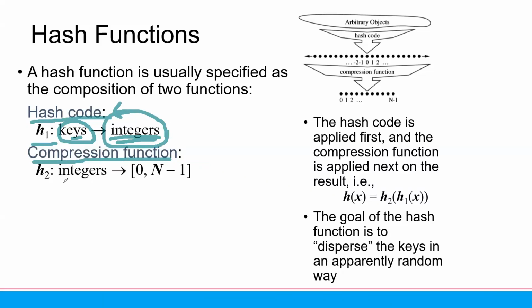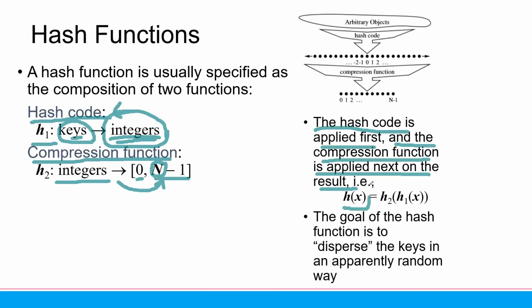So I need to compress this integer into a range of integers between 0 and n minus 1. This n will be determined. In the previous example, we used 10,000 for n, but there might be other examples. So the hash code is applied first, and the compression function is applied next to the result.